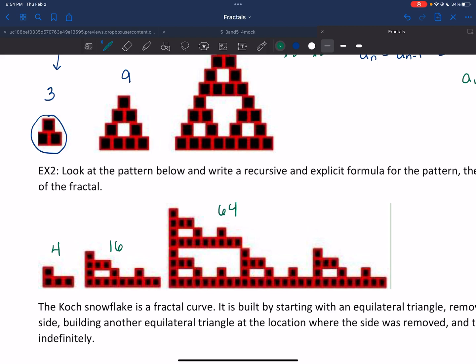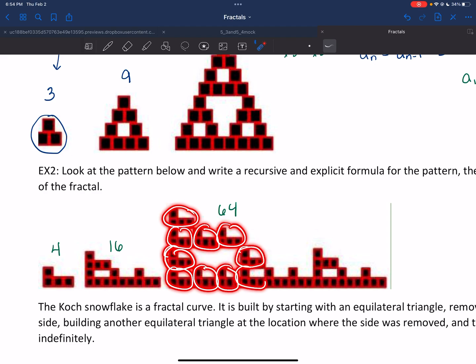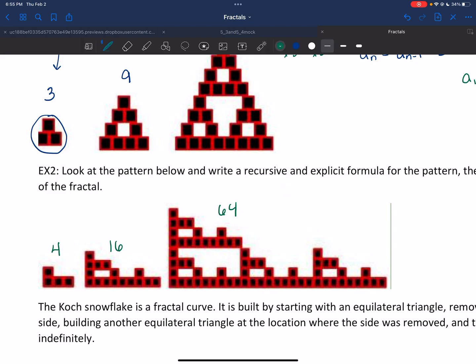You could also run it as this pattern here, but you would have 1, 2, 3, 4, 5, 6, 7, 8, 9, 10, 11, 12, 13, 14, 15, 16. So you'd have 16 sets of 4 instead of 4 sets of 16. So getting from one to the other, if we wrote this down, 4, 16, 64, to get from one to the other, I multiplied by 4.